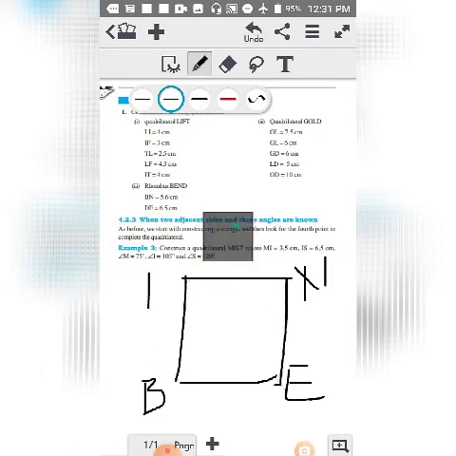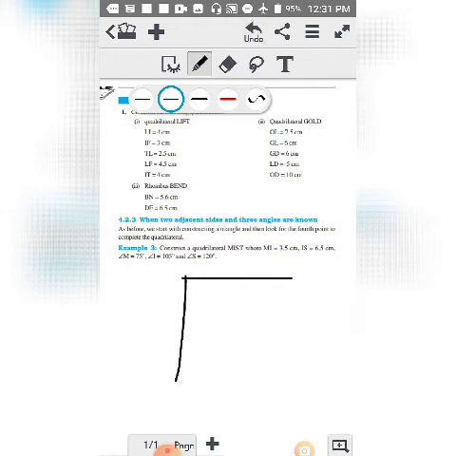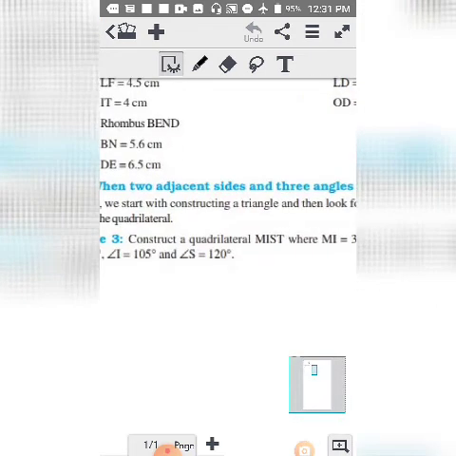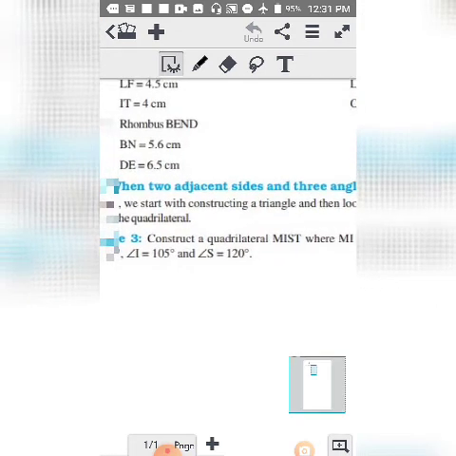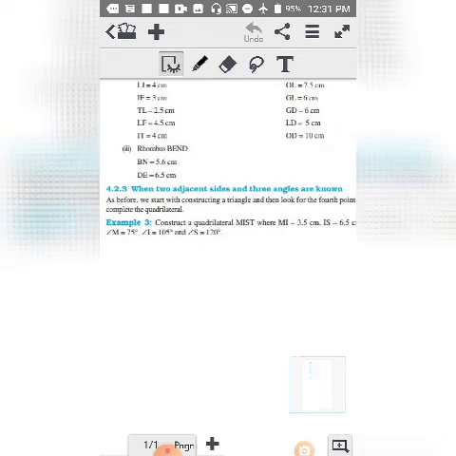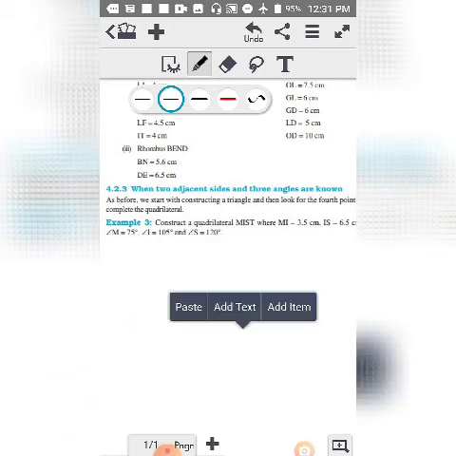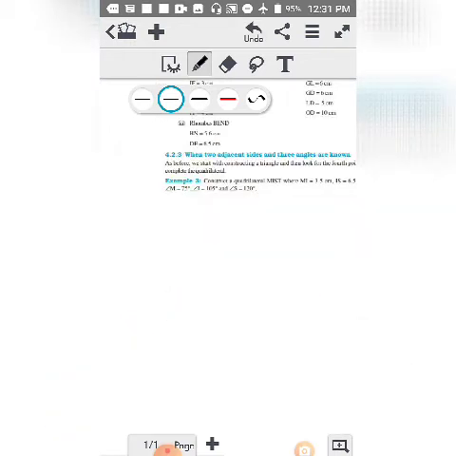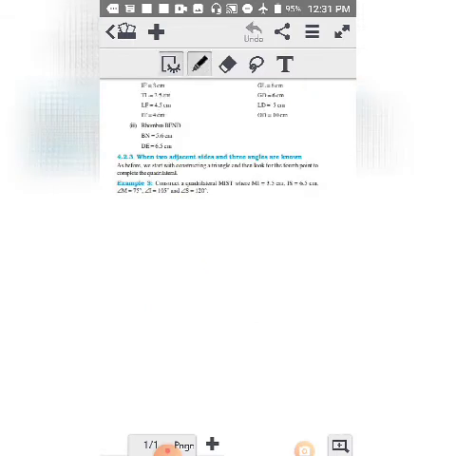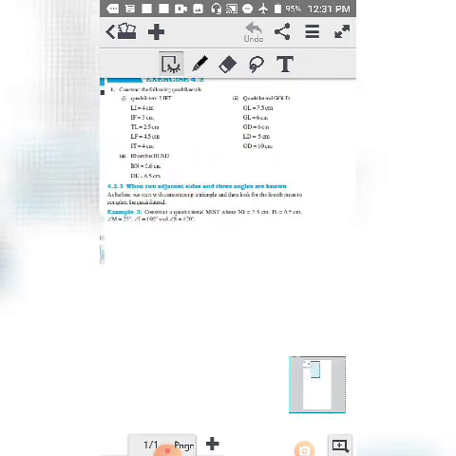So we will start the construction from the first diagonal. There are two diagonals given. So I am taking the longer diagonal, 6.5 and 5.6. So I will start the construction from the first diagonal, that is DE.